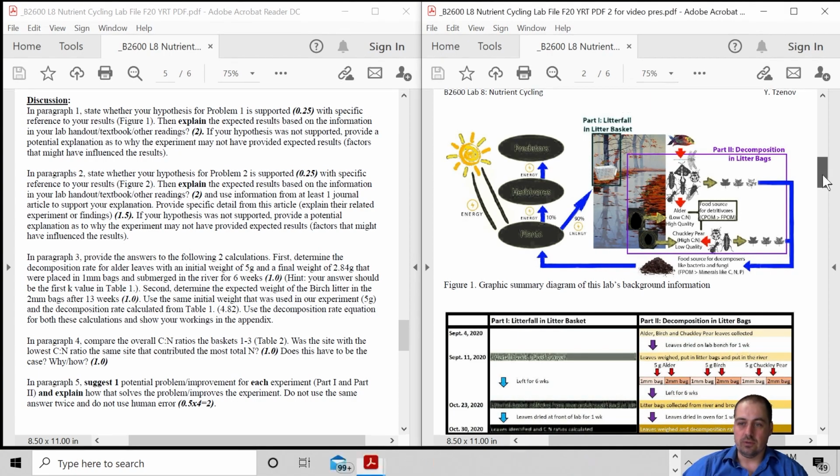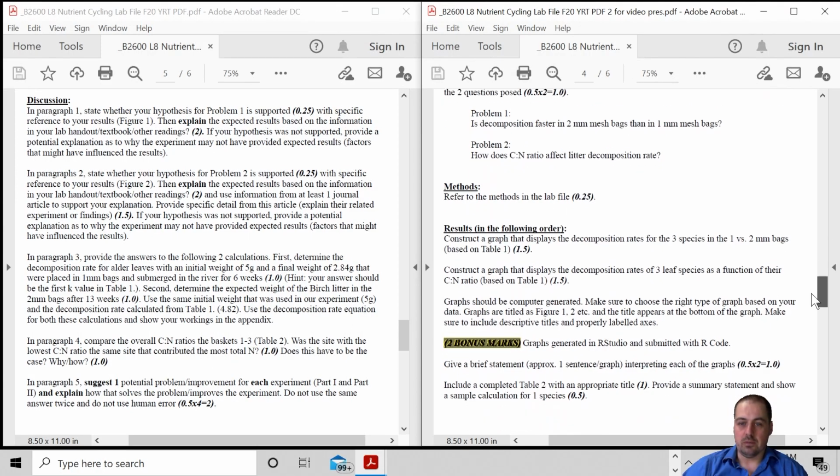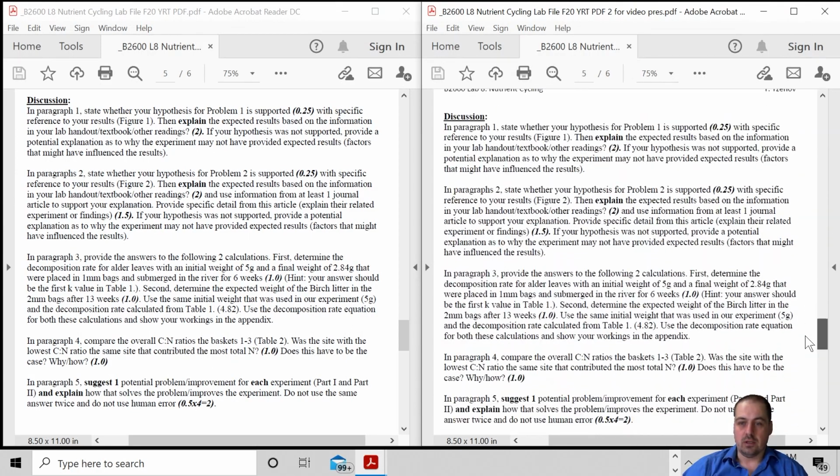This should be pretty easy to find because it's widely accepted that decomposition rates are very affected by the carbon nitrogen ratios. So provide specific detail in what they actually did in the article and their findings that support exactly what you're saying.